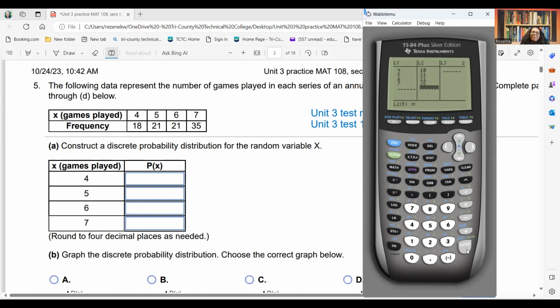If you're doing it by hand, you add all the frequencies and divide each by the total, but you're not doing it by hand. This time I just want to go to stat and do one variable stat of a group data, where the random variable is in L1 and frequency is in L2.